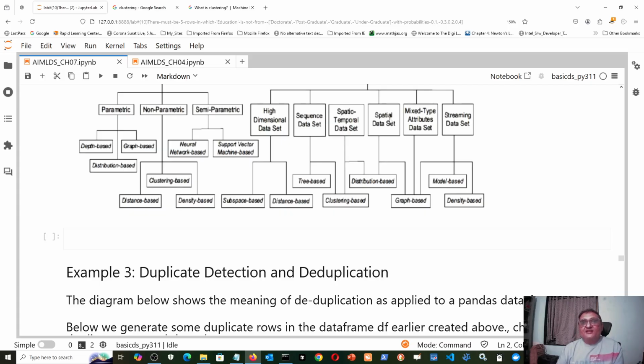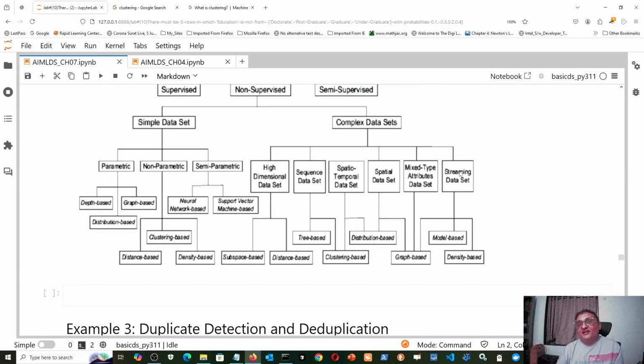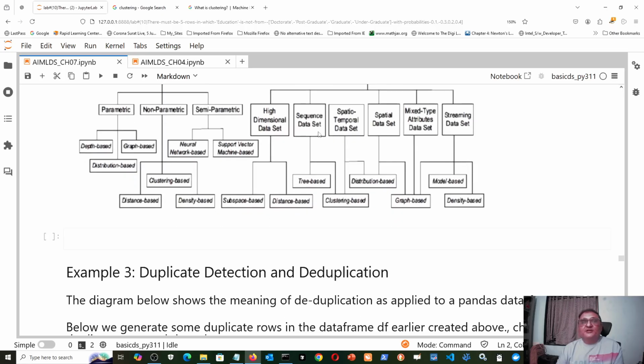Spatio-temporal, space-time data set, spatial data set, for example, the data set of land records of a country, or maybe which part of the country is growing wheat, which part is growing other crops, maybe rice, and so on. Mixed attribute data set, streaming data set. The most common streaming example is Netflix, or maybe Prime Video or that kind of thing. And depending upon that, you will use different methods.